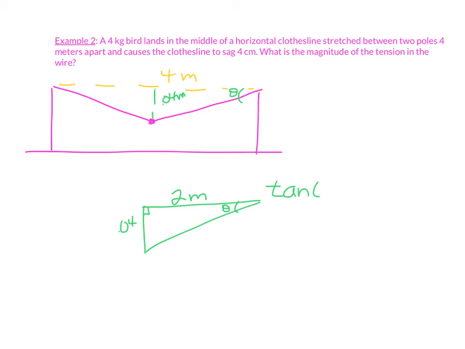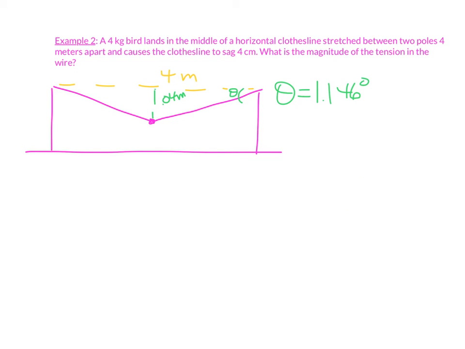So tangent of that angle is the opposite, which is 0.04, over the adjacent, which is 2. That gives me an angle of 1.146-ish degrees. Really, really small angle. Like I said, this isn't drawn to scale. That angle is actually going to help me out quite a bit.